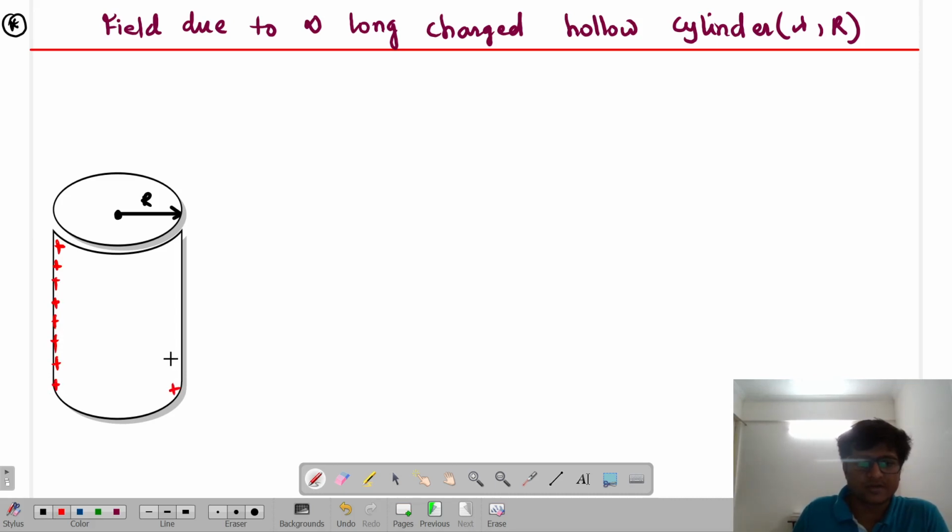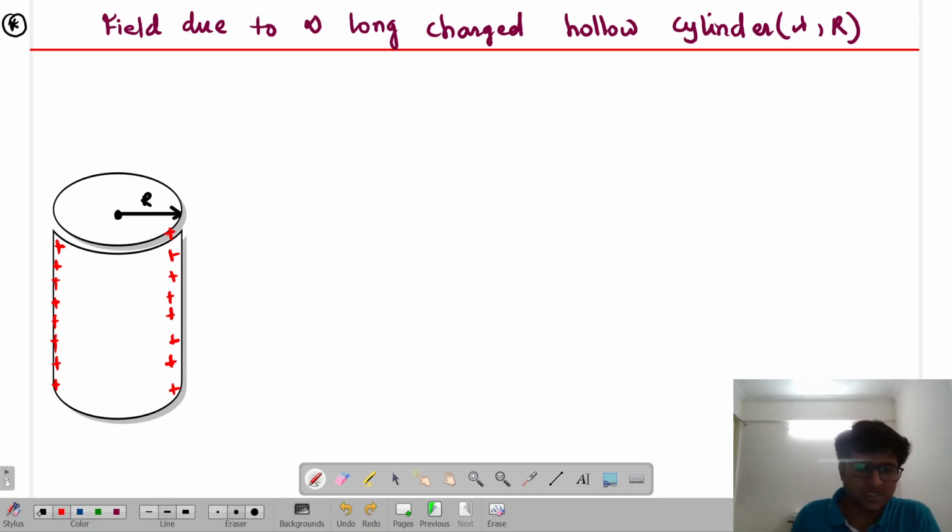I want to find the electric field due to this hollow cylinder at all points: exterior points, on the surface, and inside points. One thing I am sure of, inside the electric field will be zero, because if I consider a Gaussian surface inside, it's a hollow body. Are you able to get me?